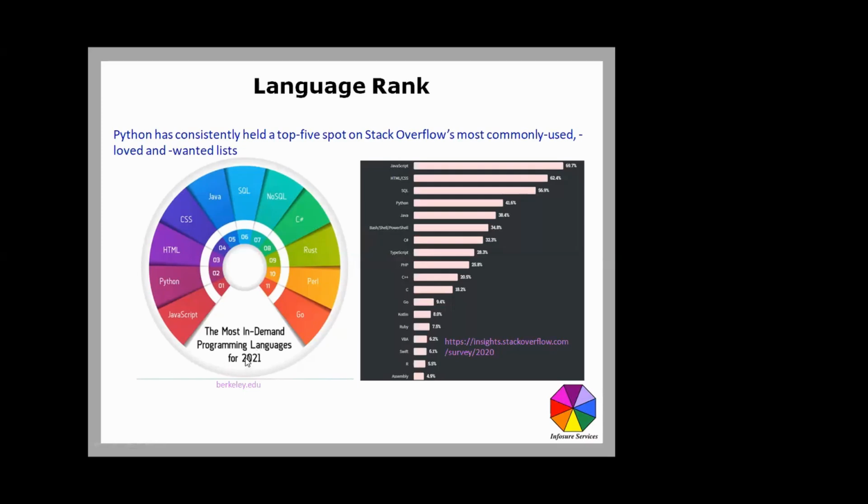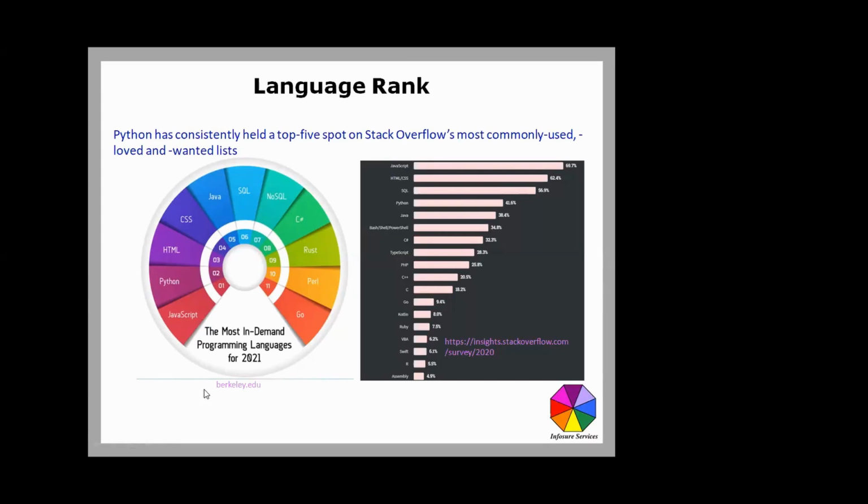Right from 2021, Python is one of the most consistently downloaded programming languages, in the top 5 spot on Stack Overflow. These are some surveys in the market for programming languages. The most in-demand programming languages are JavaScript, Python, HTML, in that order. So there is some ranking by these folks.